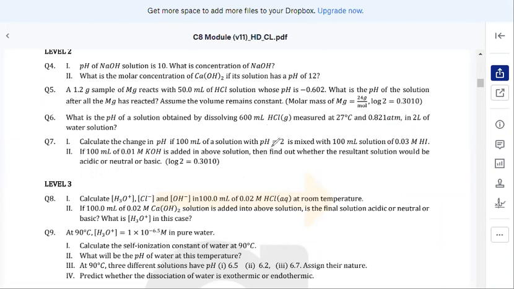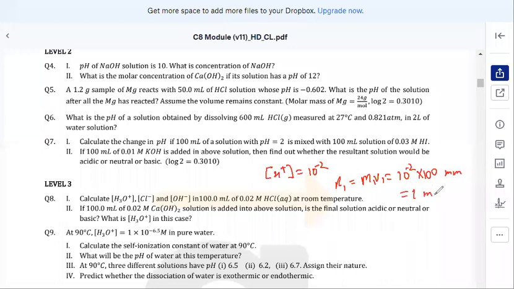pH is 2. So initial concentration of H plus is equal to 10 to the power minus 2. Now volume is 100 milliliter. So number of moles n1, which was there initially, is concentration times volume, M1V1, which is 10 to the power minus 2 into 100 millimoles. See, it is millimoles.